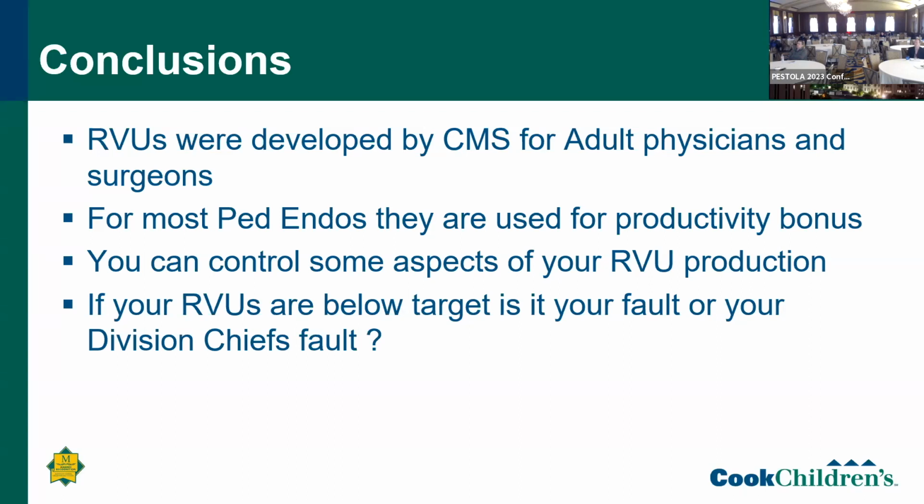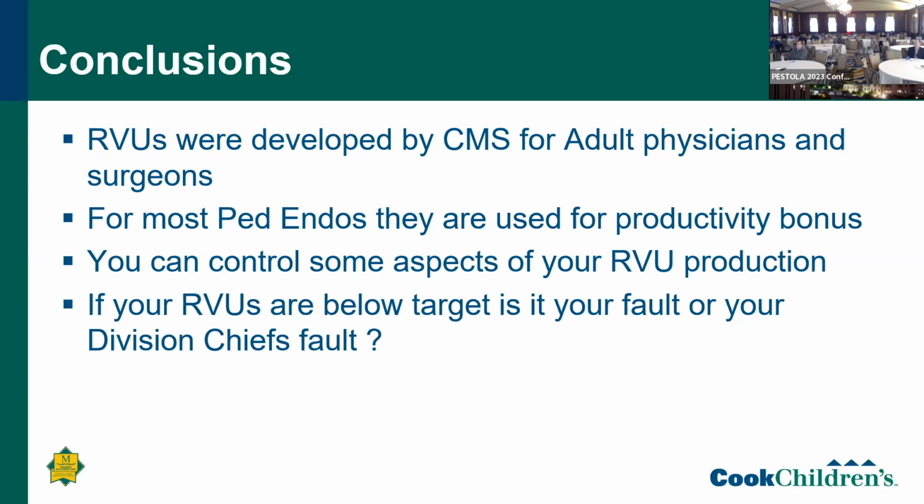That guy is being paid probably 100 RVUs, and you and I are seeing a really complicated McCune Albright with multiple problems, and we get 2.6 RVUs in the same hour. We both went to med school, we both did the same training, we're both equally good at what we do, but they get paid a huge amount more for it.